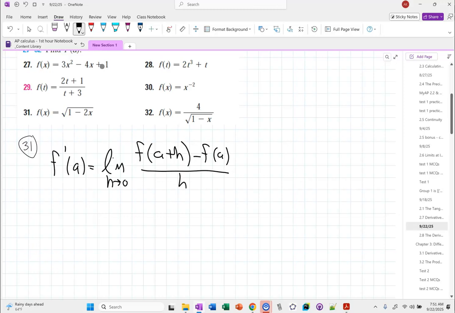So again, you could have used the other version. I like this one. I think it's usually the easier way to go. So far, so good. So f of a plus h just means that I'm going to be taking this a plus h and plugging it in to f, right? Pretty good with that?